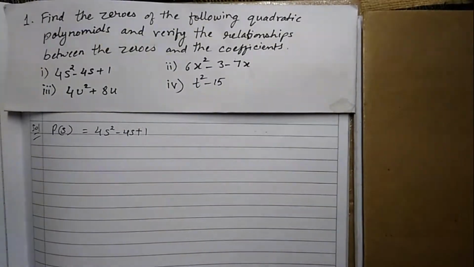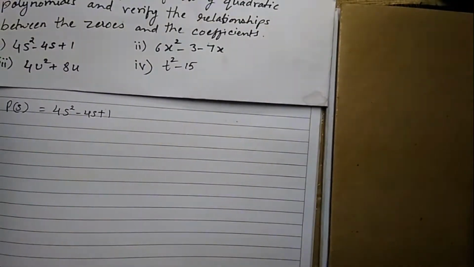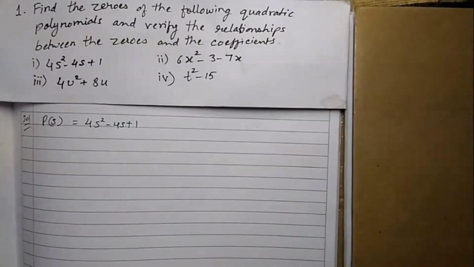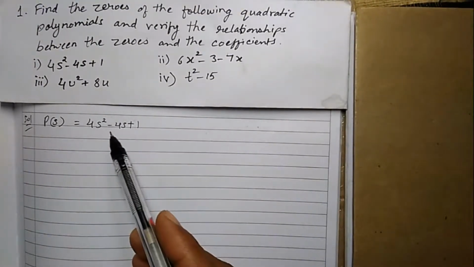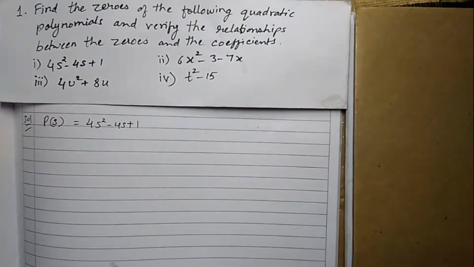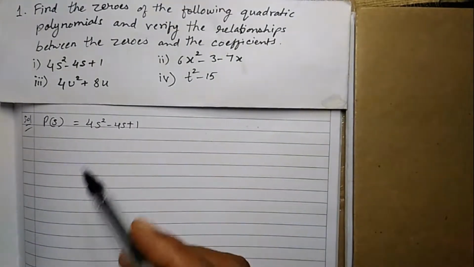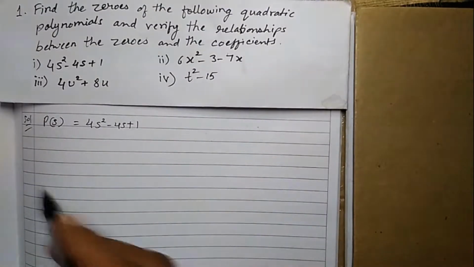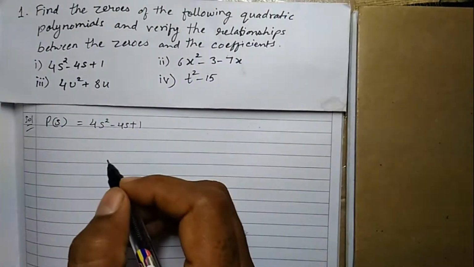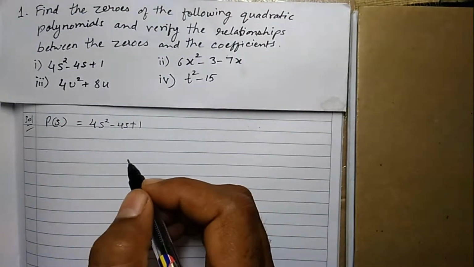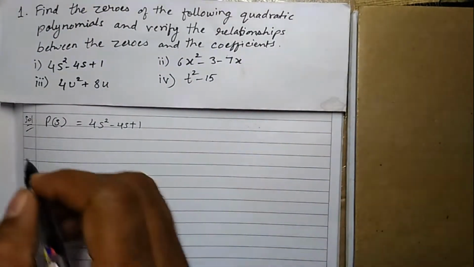Now take the polynomial ps equal to 4s square minus 4s plus 1. We can see that this polynomial is in the standard form of quadratic polynomial, which is as square plus bs plus c.